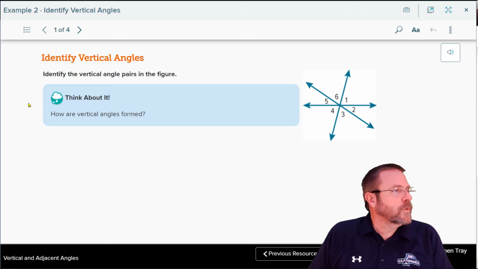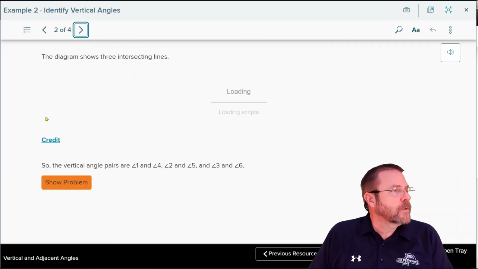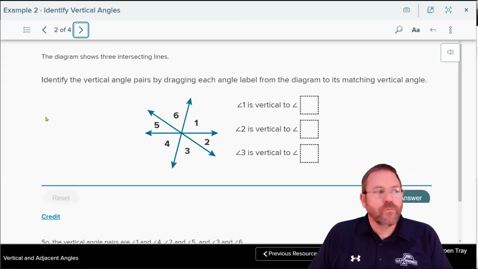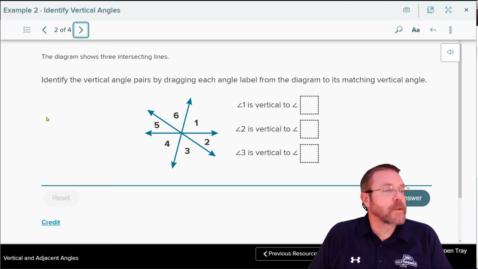So let's try identifying some vertical angle pairs here. Taking a look at it, the diagram shows 3 different intersecting lines. Wow, okay, this is going to make it even more fun. And we need to identify vertical angle pairs by dragging each angle label from the diagram to its matching vertical angle.